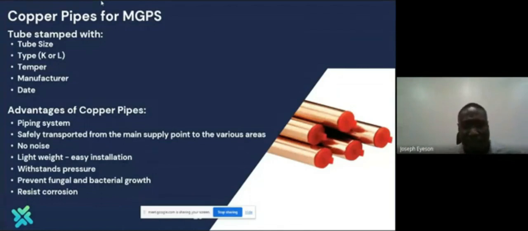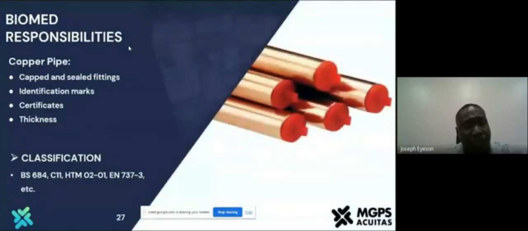So as a biomedical engineer, you have to ensure that all medical gas pipe that is coming to the site are fully capped. If they are not capped, it's telling you that maybe there's a possibility of impurity getting into it. So it's always advisable to be capped, and it is only to be removed when they are ready to be used at the site.